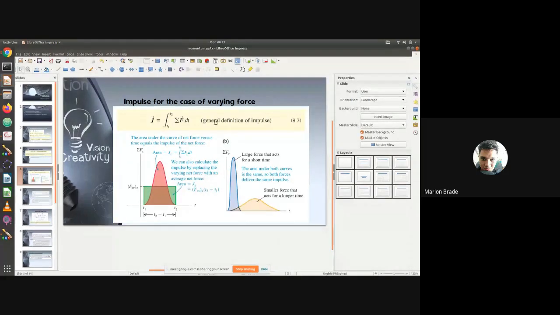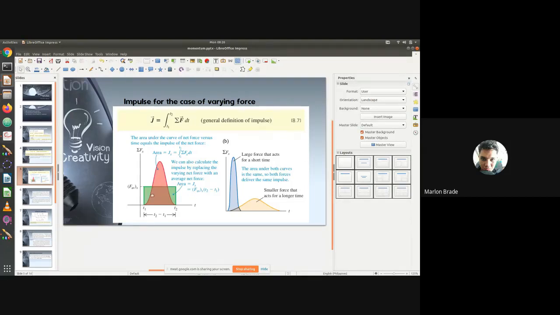So in the case of a varying force, the impulse is equal to the integral of the net force multiplied by dt, from time t1 to t2. We have the force over time graph.